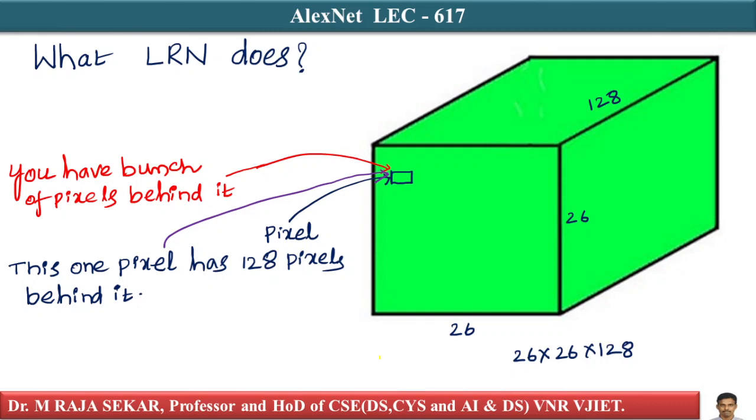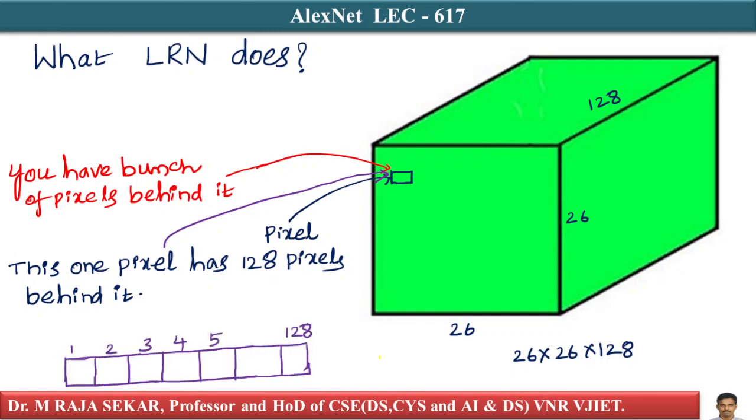If you write this down as a vector, you will get a vector of size 128. This is a pixel and all the pixels behind it in the depth direction. You normalize this vector. If you normalize all the depth vectors, you can think of each vector as a channel. This is simple normalization, like normalizing a vector.